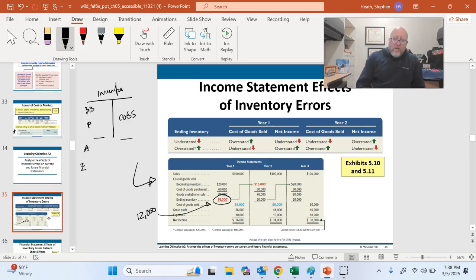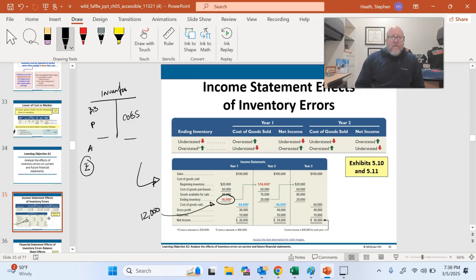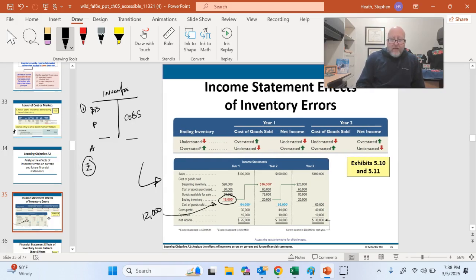And we don't calculate ending inventory based on beginning balance plus purchases gives us everything available, then we subtract cost of goods sold. That's actually not how we calculate ending inventory.